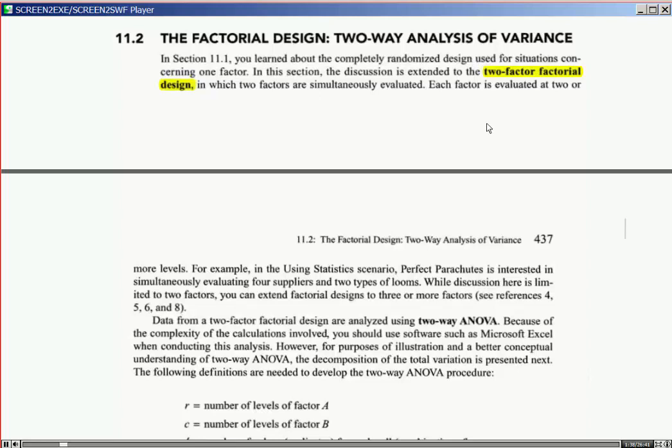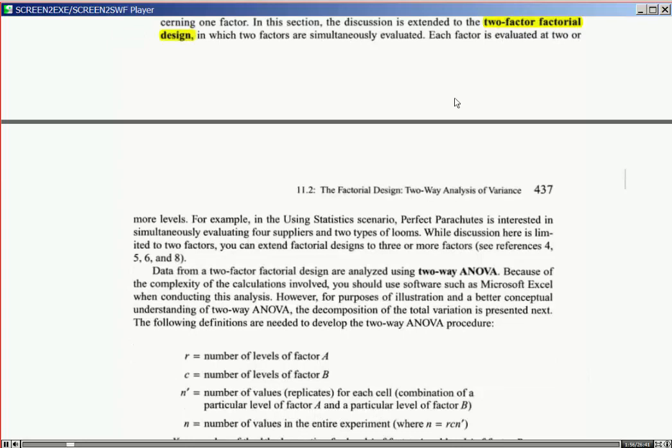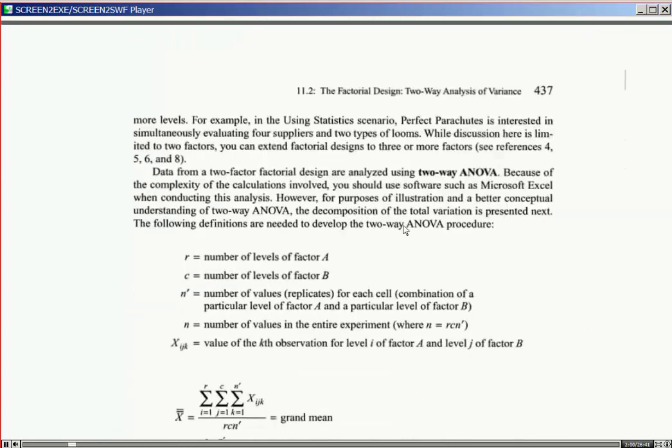So the second factor that we have here is two brands of the loom. Otherwise, if we keep it at one level, we're going back to one-way ANOVA because the presence of this factor changes nothing.